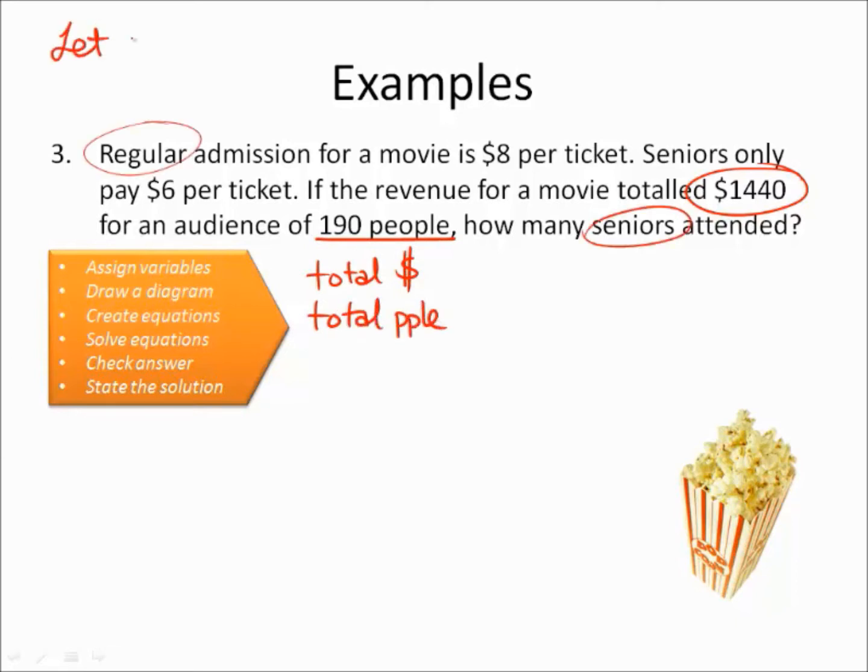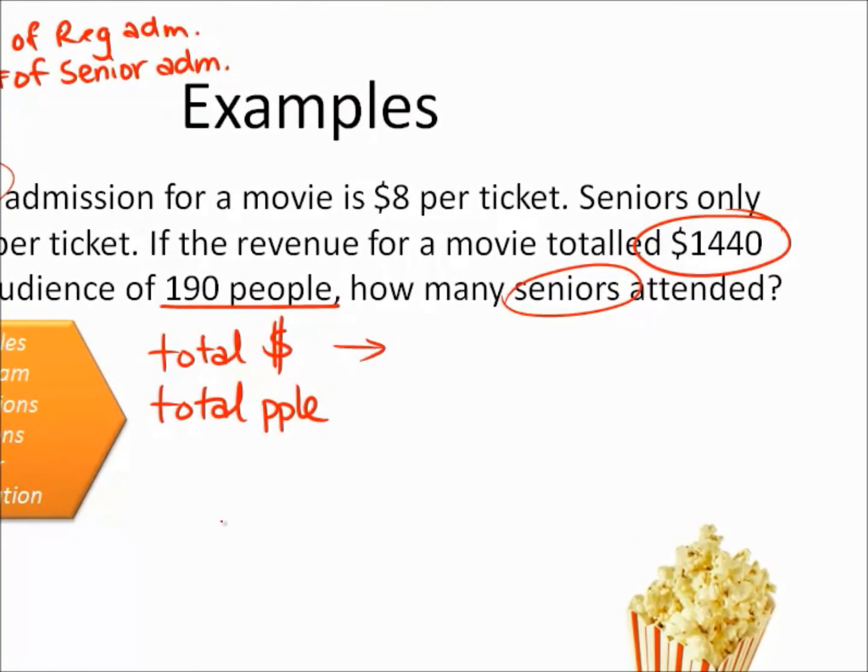Let X be the number of regular admission tickets and Y be the number of senior admission tickets. Now, how do we create an equation for the total amount of money?